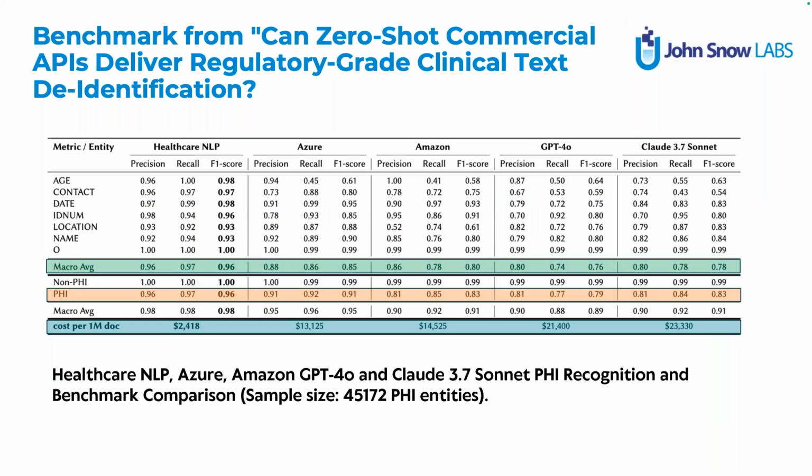With healthcare NLP, it is significantly more economical at just 2,480 per million documents, compared to the substantially higher cost of commercial alternatives. This data clearly indicates that while commercial APIs offer convenience, healthcare NLP delivers both unparalleled accuracy and cost effectiveness, making it the optimal choice for robust, regulatory-compliant clinical text de-identification.